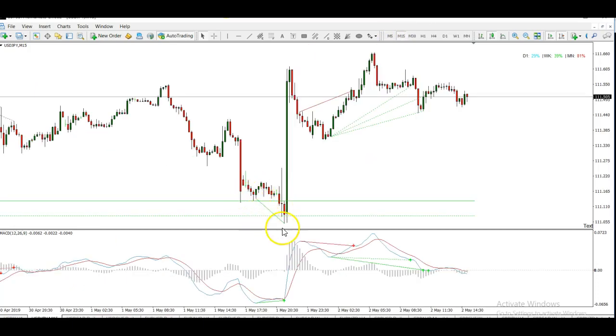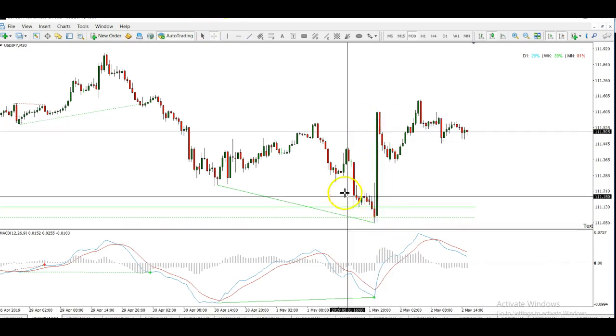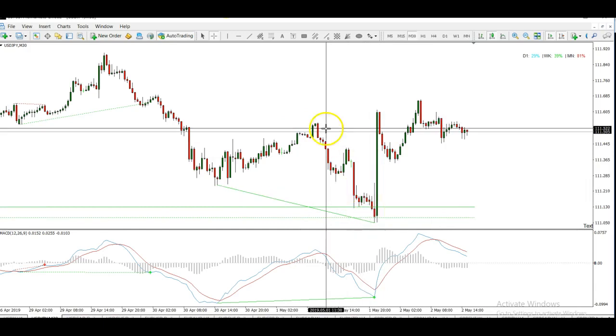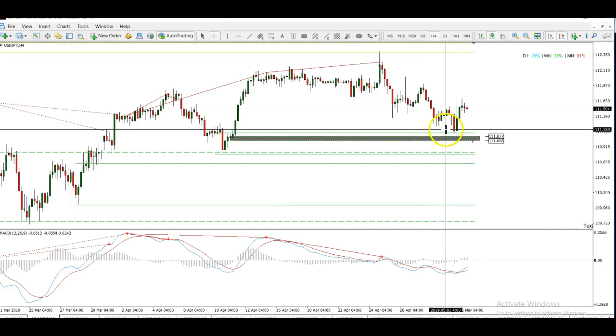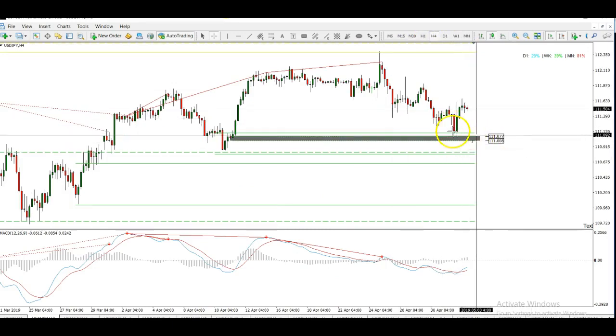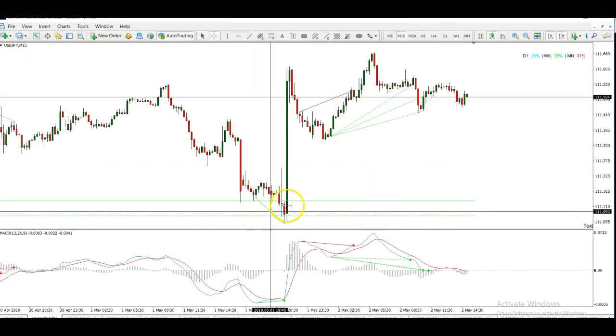So this was the actual signal inside that 4-hour inside the daily. You actually see the 30-minute signal there, and I think this is roundabout when the FOMC was coming out. You can see that the market slowly dropped into the area coming up towards the news, and we get the signal from that here.